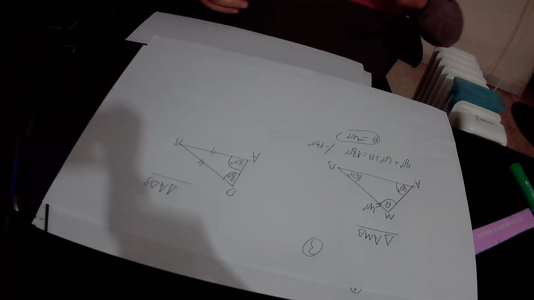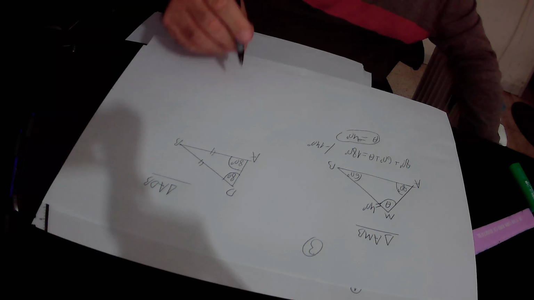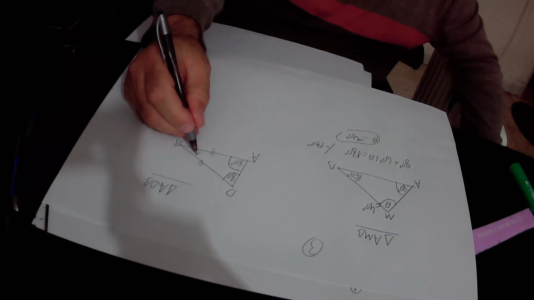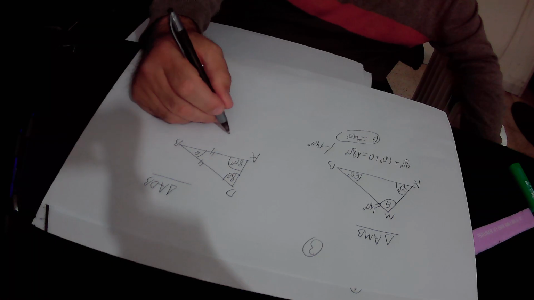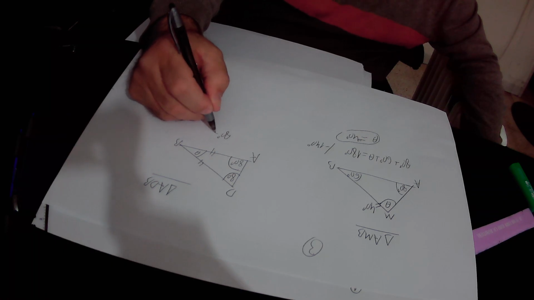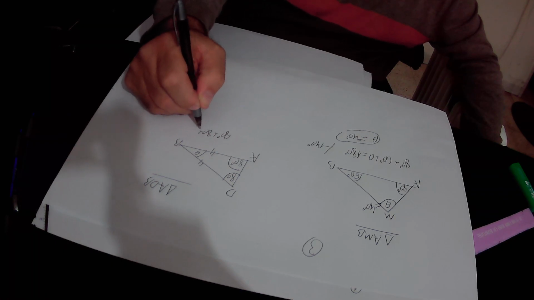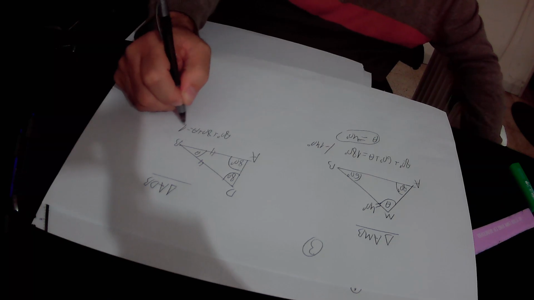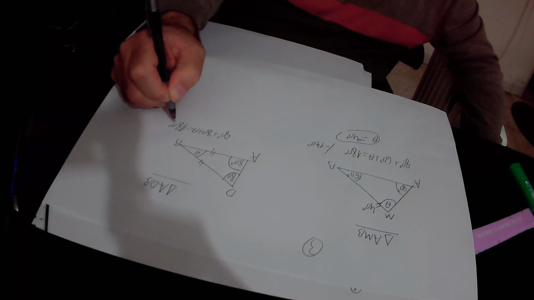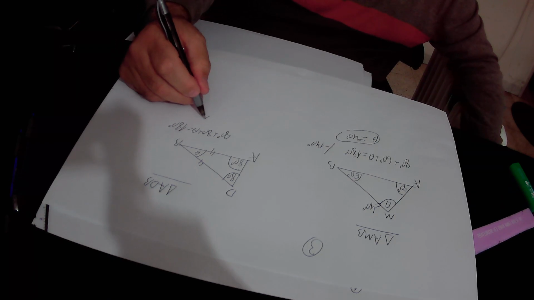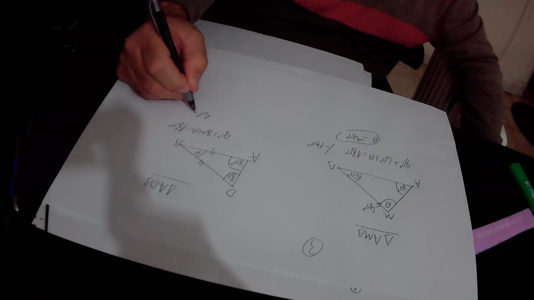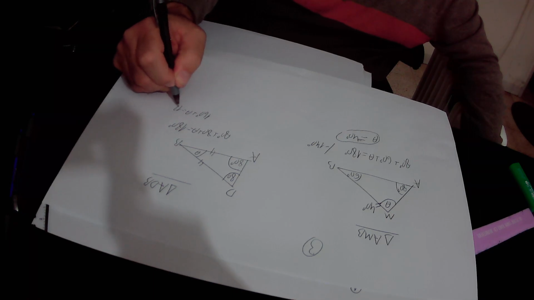The sum of the angles in triangle ADB must be equal to 180 degrees. If we define the missing angle as theta, then we get 80 degrees plus 80 degrees plus theta equals 180 degrees. 80 degrees plus 80 degrees is 160 degrees, plus theta must be equal to 180 degrees.